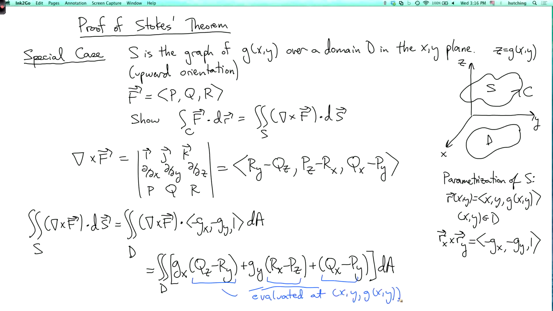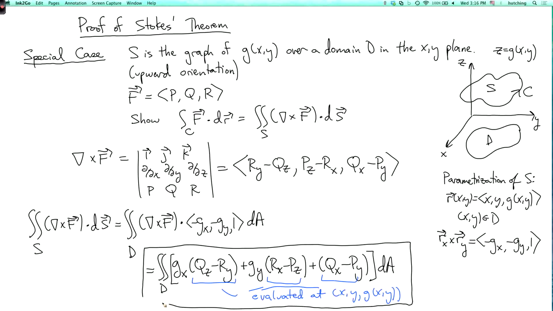Okay, so that's what we get for the right-hand side of Stokes' theorem. And I can't do anything to simplify this further, so I'm just going to put a box around it and leave it alone. And now we're going to evaluate the left-hand side of Stokes' theorem and hopefully get the same thing.